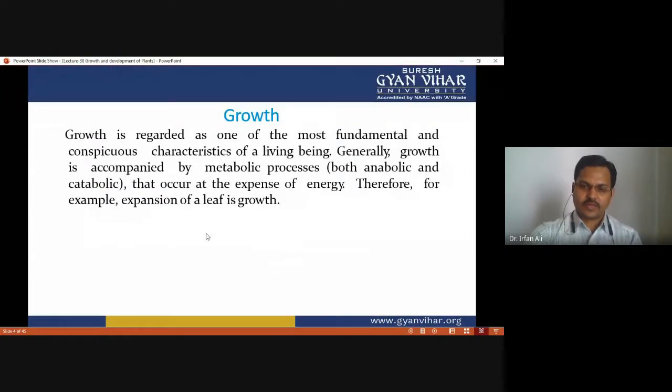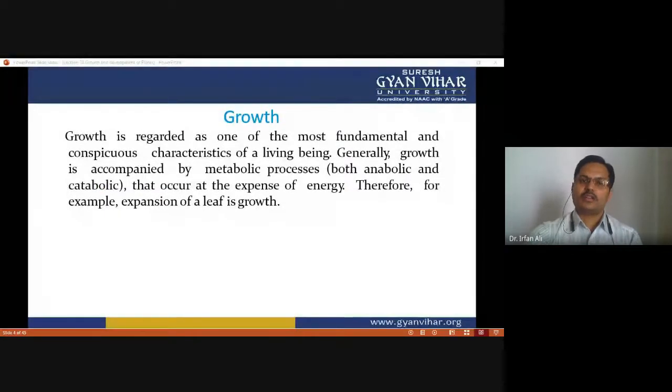So, growth is regarded as one of the most fundamental and conspicuous characteristics of living beings.